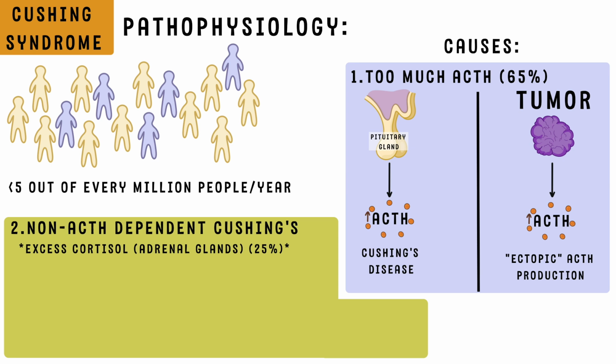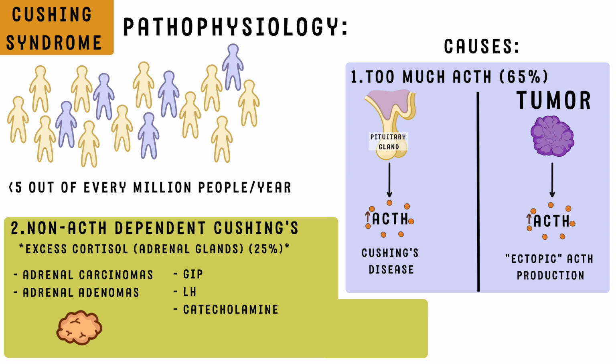As a result, the body naturally reduces ACTH production. In rare cases, this happens because adrenal cells respond to hormones they normally shouldn't, such as glucose-dependent insulinotropic peptide, luteinizing hormone, or catecholamines, hormones like adrenaline.